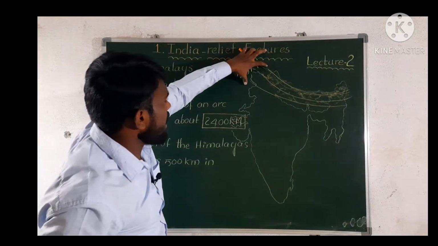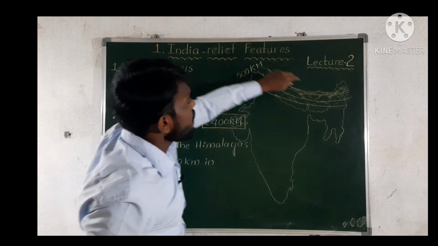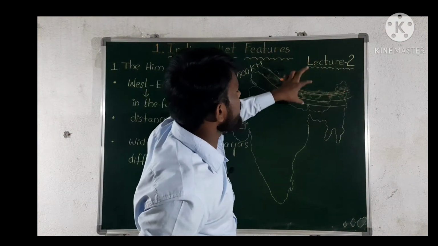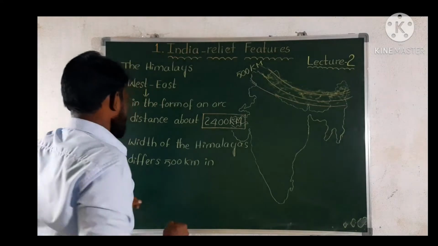You can see the width is less in the central and eastern parts of the Himalayas.